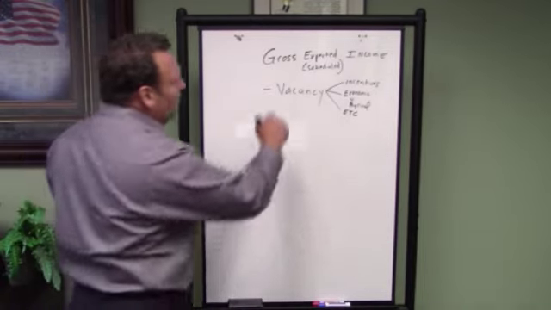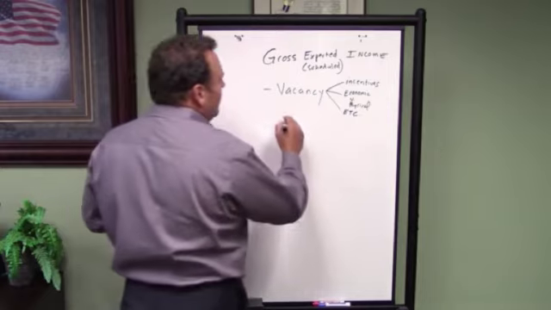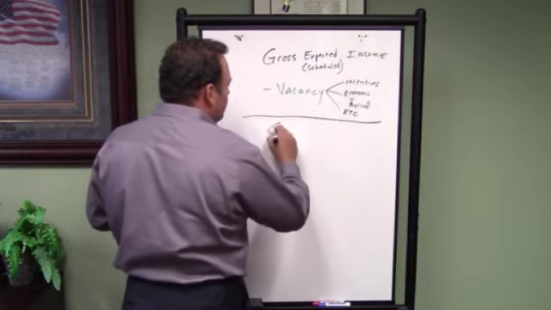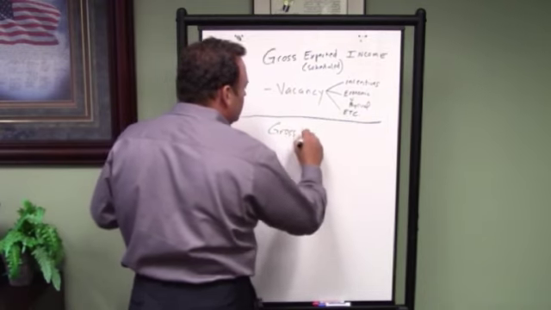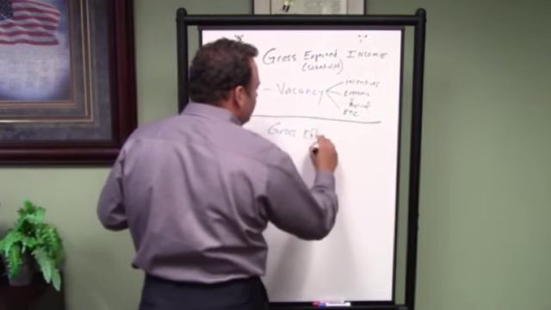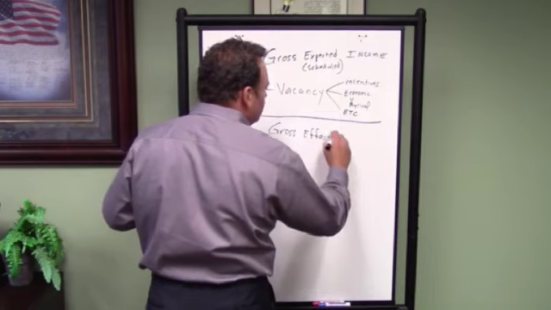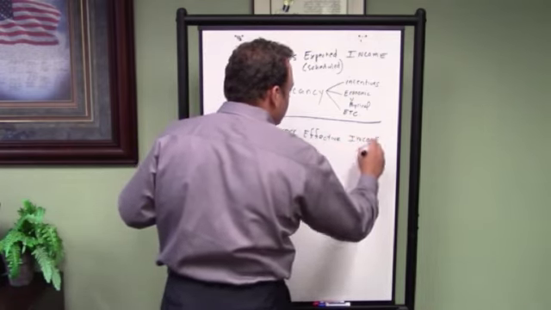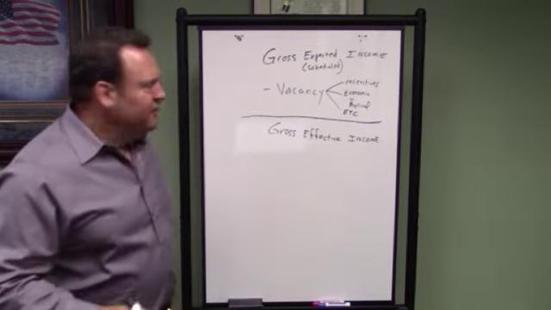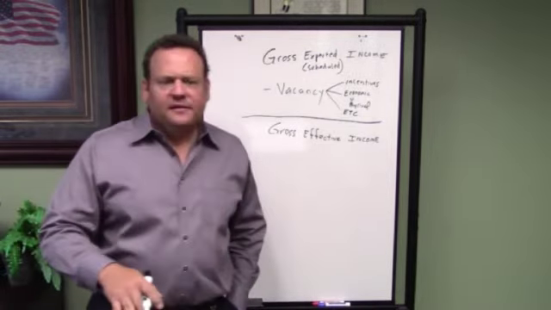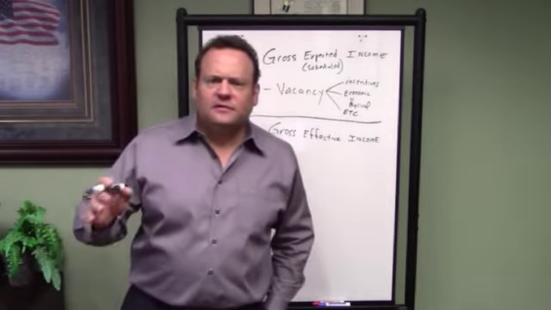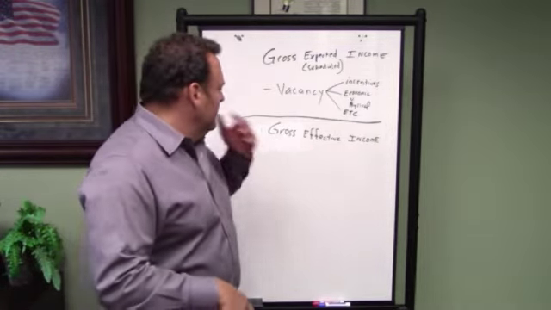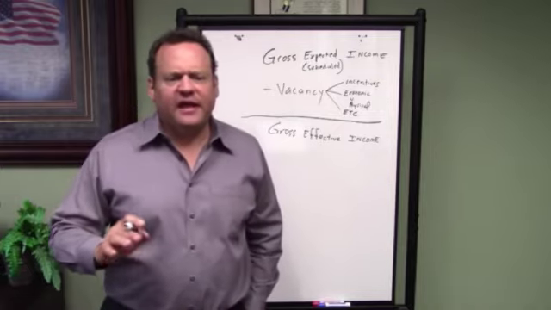So if we subtract from gross expected or gross scheduled income the vacancy and et cetera, what we get is gross effective income.